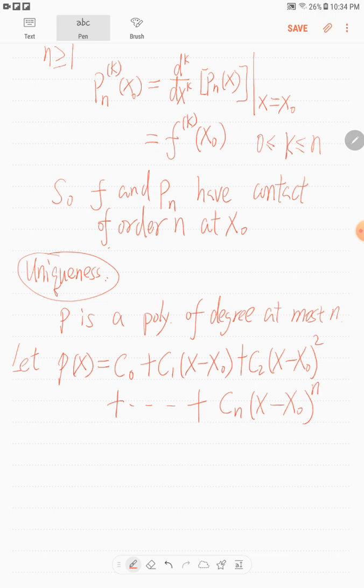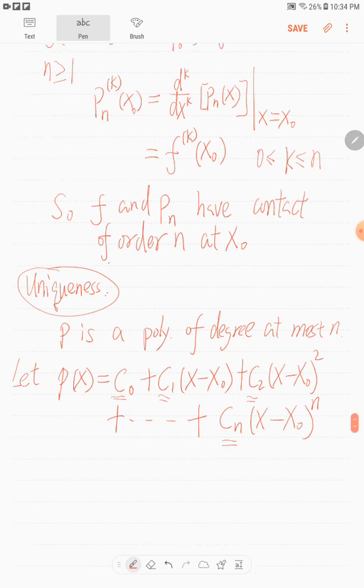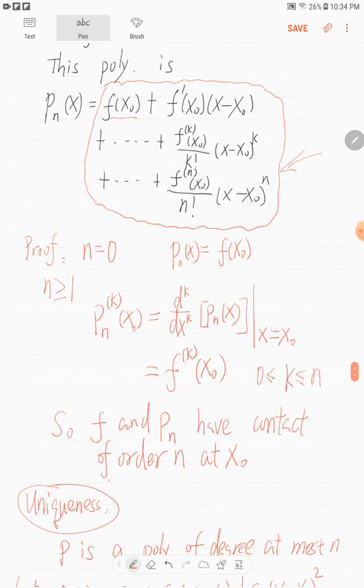Then we want to show these constants c0, c1, c2 to cn are these numbers: f of x naught, f prime of x naught, and the nth derivative of f at x naught over n factorial.